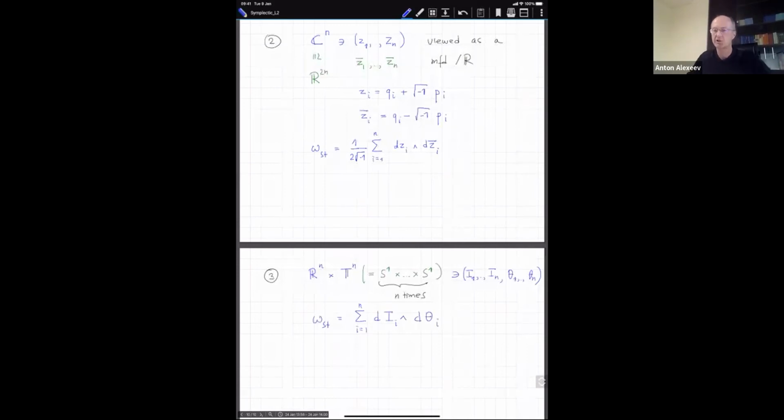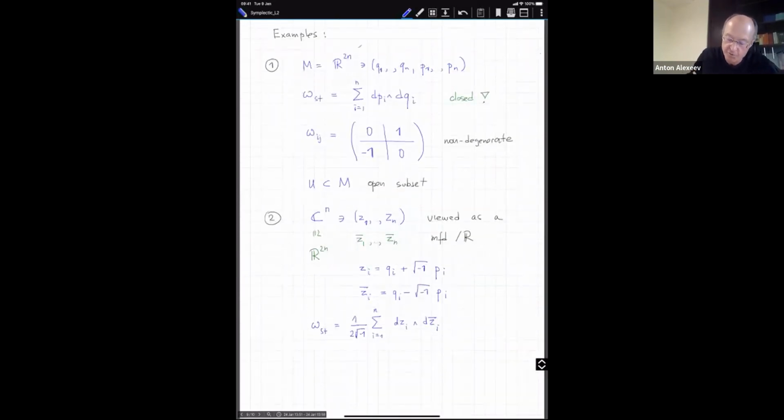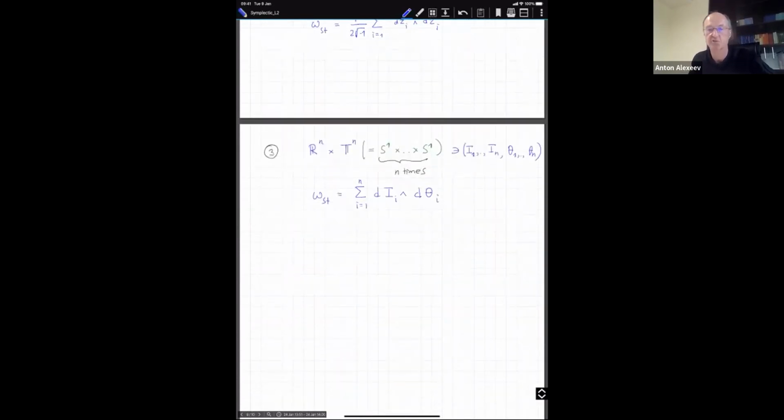So here I just changed the topology. I could have thought that I had R to the 2n, which was a product of Rn times Rn. And now I changed the topology on one of the factors. Instead of real lines, I took circles. It still works. And of course, here again, I can also take some open subset of Rn times Tn. So that's what often happens.